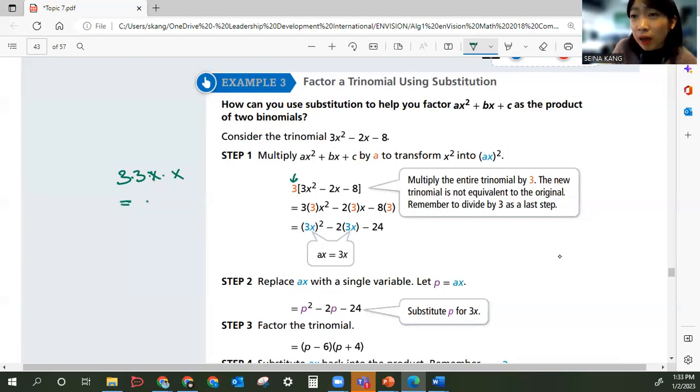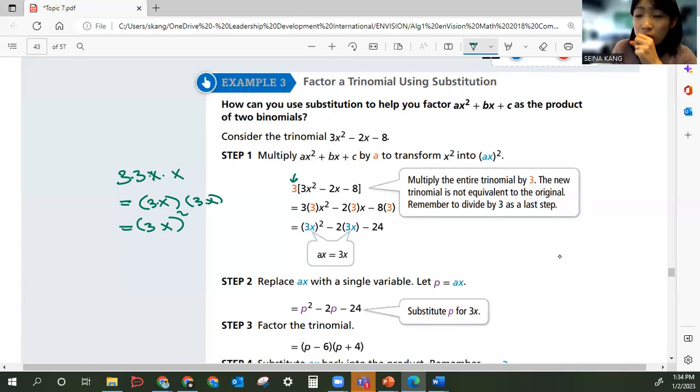That's the same as 3x times 3x, because 3 times x times 3 times x is the same as 3 times 3 times x times x. And that's equal to 3x, the whole thing in parentheses, squared. Don't forget the parentheses, otherwise it's just 3x², and that's a different thing, okay?